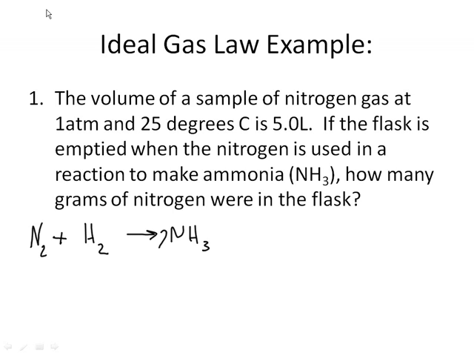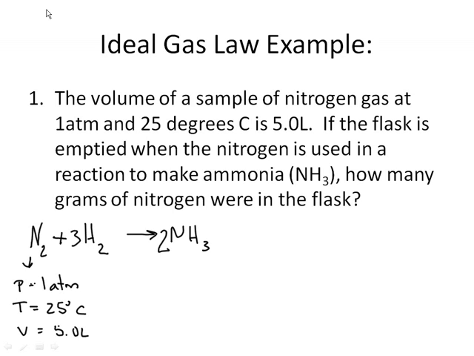I need 2 ammonias and 3 hydrogens, and then everybody should be happy. The information I've been given is all for nitrogen: the pressure equals 1 atm, the temperature equals 25 degrees Celsius, and the volume equals 5.0 liters.